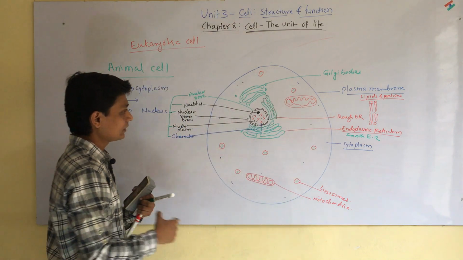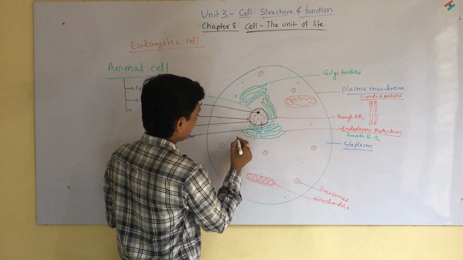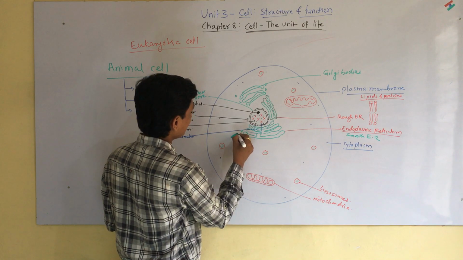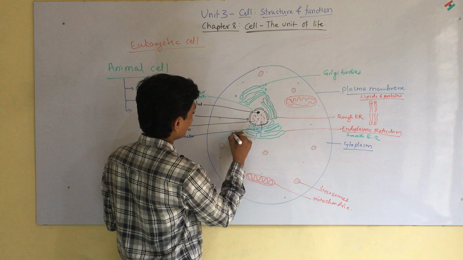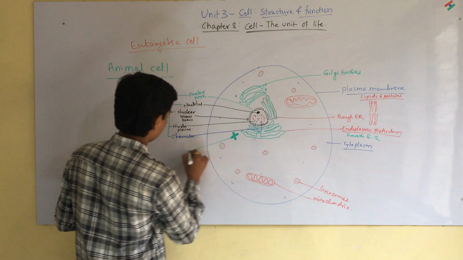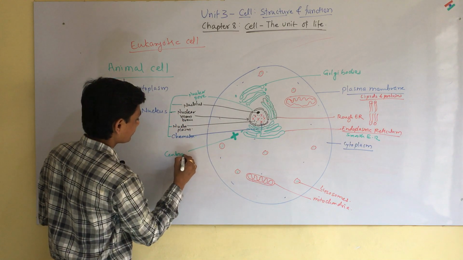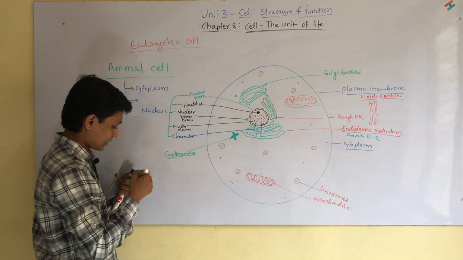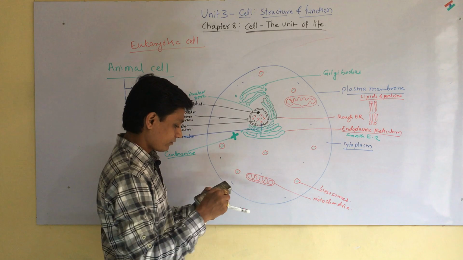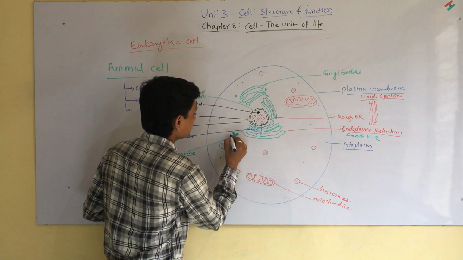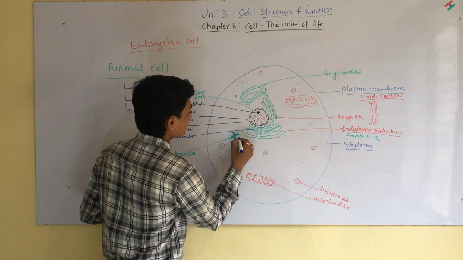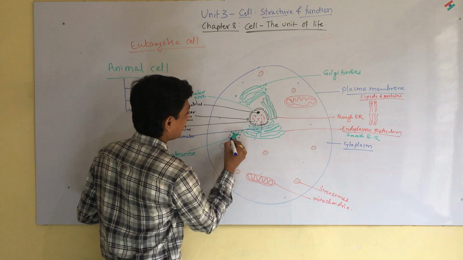Then along with this, near to the nucleus, one structure is present which is rectangular to each other. This is known as centrosome. Near to this centrosome, or peripheral to the centrosomes, 9 fibers are there. 1, 2, 3, 4, 5, 6, 7, 8 and 9.